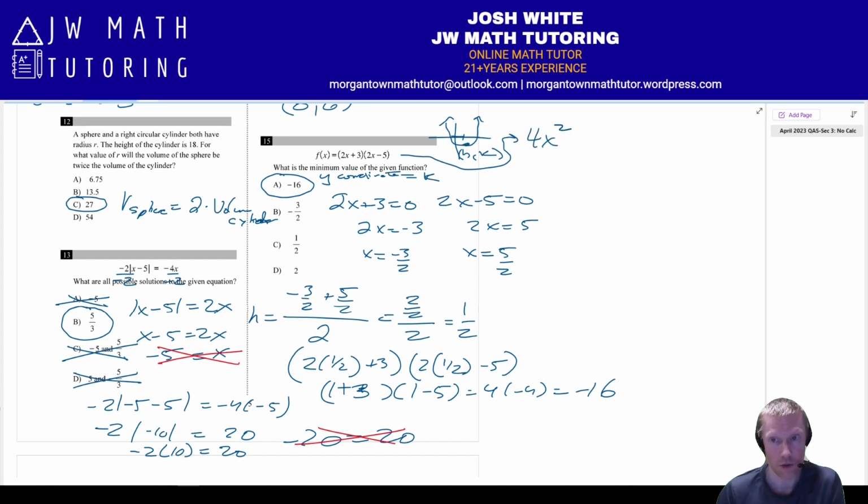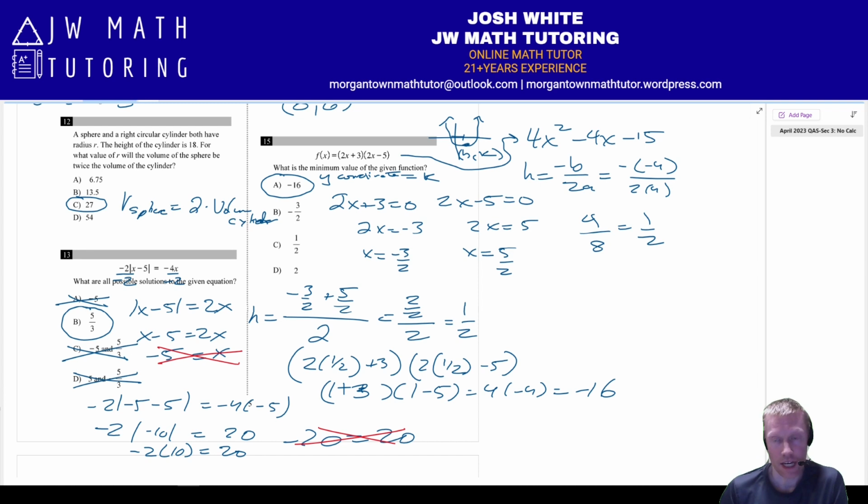If you do that using FOIL, first outer inner last, you're going to end up with 4x squared minus 4x minus 15. Then you can use the shortcut formula, which is that the h value is equal to negative b over 2a. So that would be the opposite of negative 4 over 2 times 4. Okay, that just becomes positive 4 over 8, which is equal to 1/2.